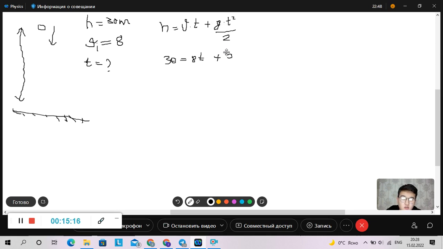We need to simplify, and I will write 5t squared. Okay, 5t squared plus 8t minus 30 is equal to 0.